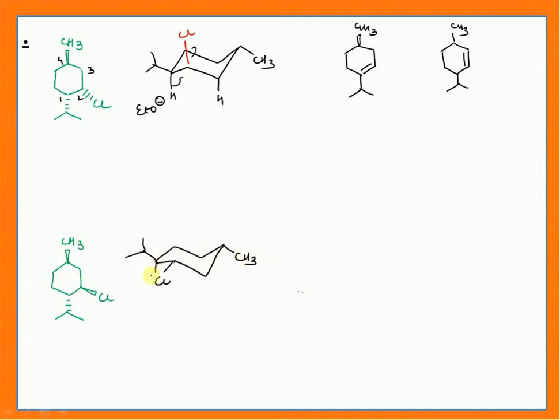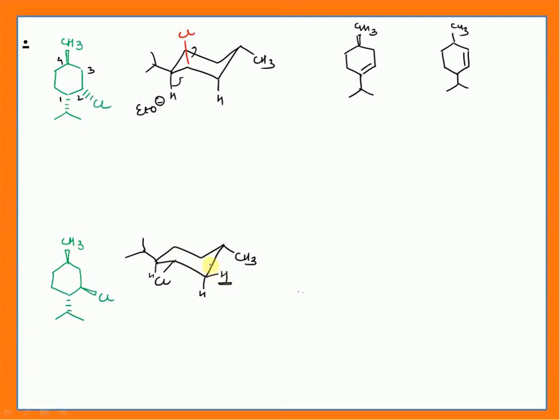Now I can remove a proton from this position which is axial in nature, and I can remove a proton from this carbon. This one is axial and another one is equatorial in nature. So always anti groups will be removed. So we cannot use axial-equatorial in this case because they will be cis to each other. So we can remove this proton.